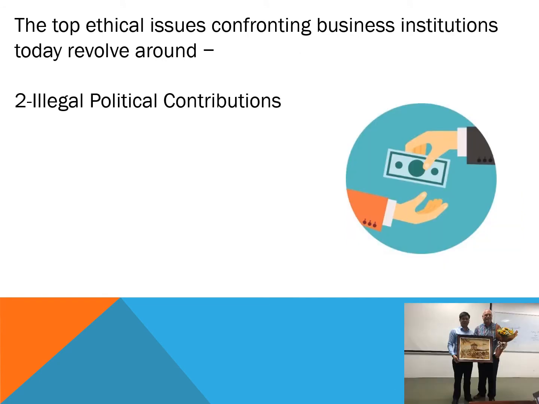The top ethical issues confronting business institutions today revolve around number two, illegal political contributions. In the United States, a big part of who gets voted in relates to how much money they spend on television advertising, direct mail advertising, publication advertising in newspapers and magazines, and direct mail.